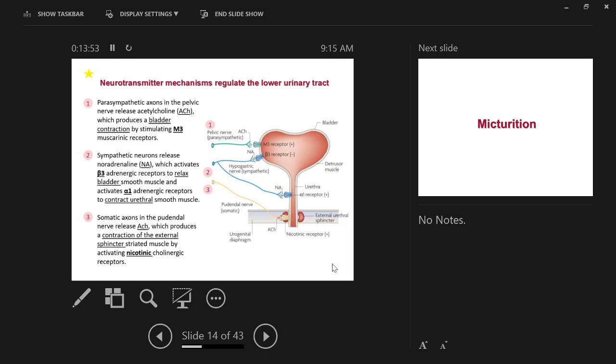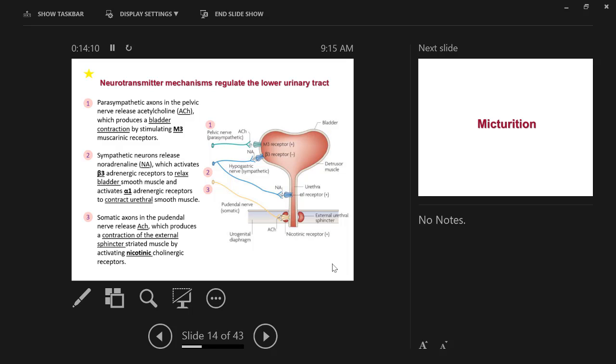Those three nervous systems regulate the entire system, and we're going to look at more detail in a minute. But this is a summary, and if you want to focus on one or two slides before the exam, this is it.